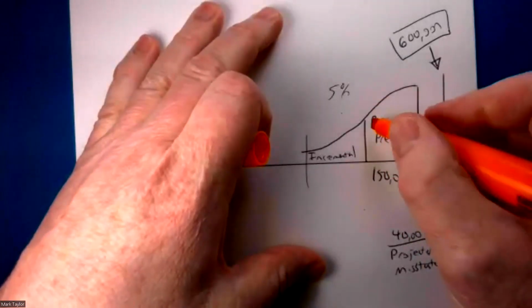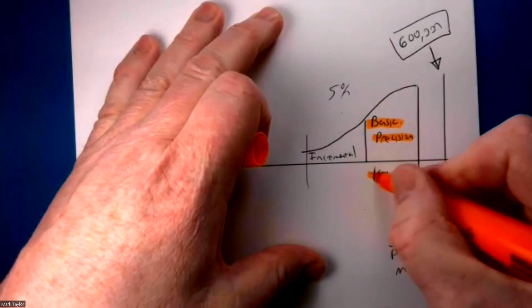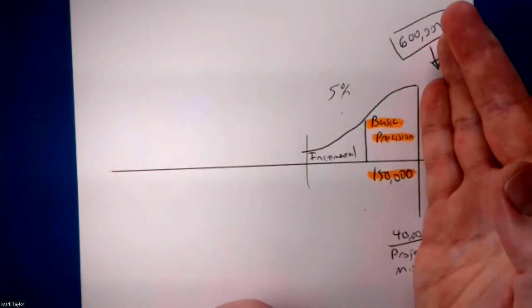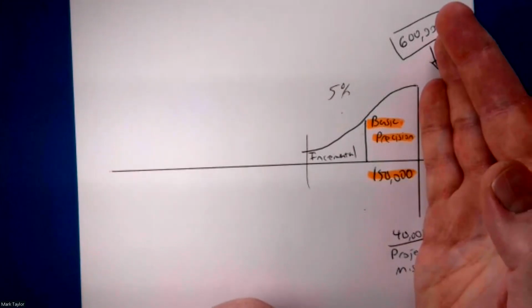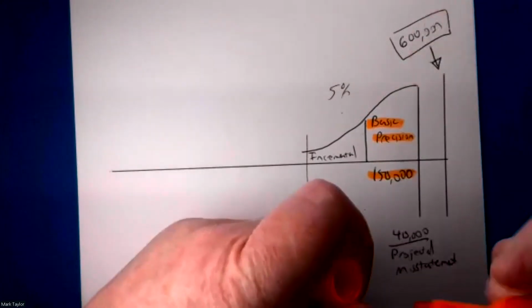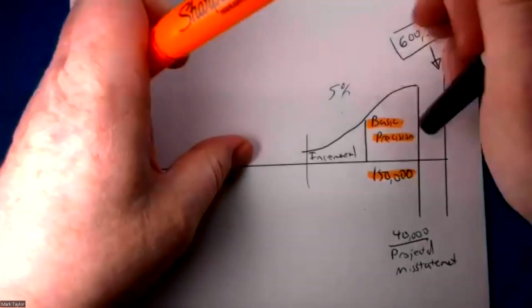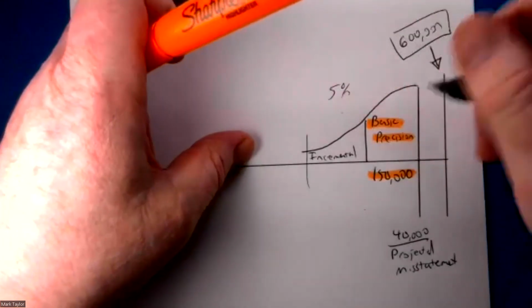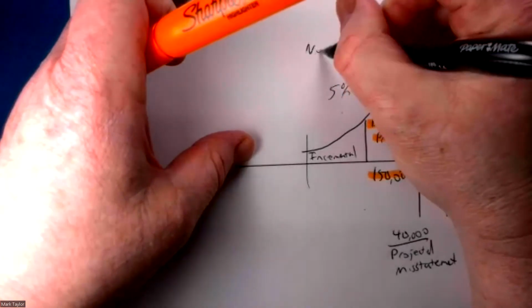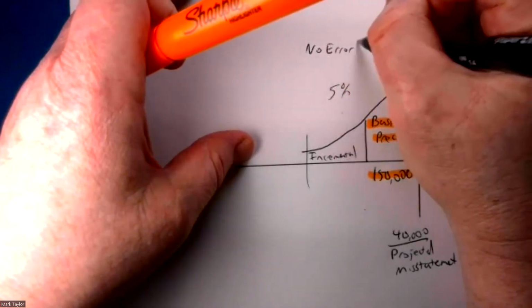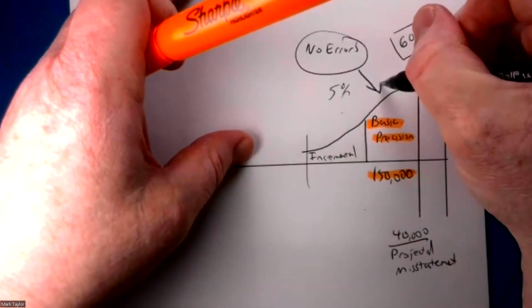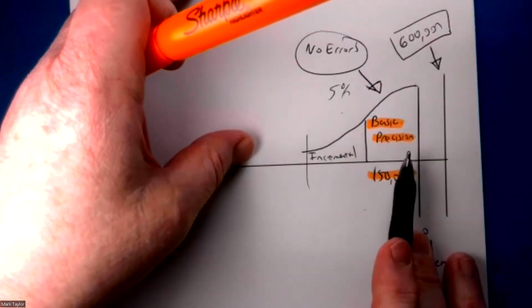So this basic precision says, if there were no errors at all, if you didn't find any errors at all, it could still be off by 150,000. So that's if there's no errors.